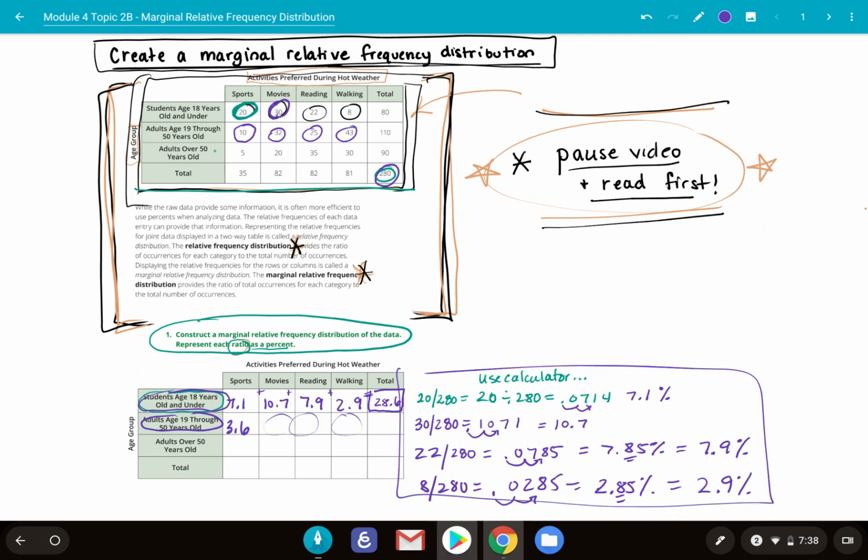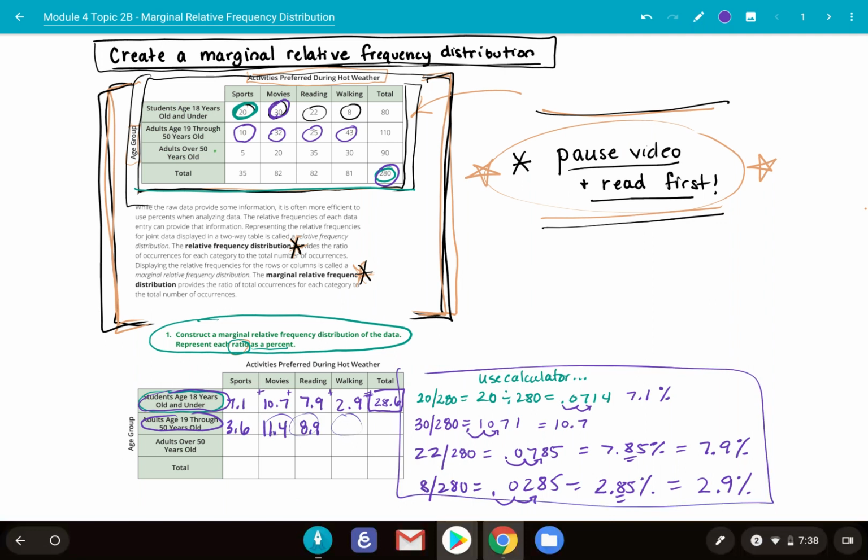And then if I do 32 divided by 280, that's 0.1142. So I can round that to 11.4%. 25 out of 280 would be 0.0892 or 8.9%. And then keep working.